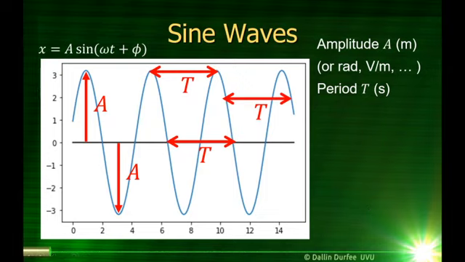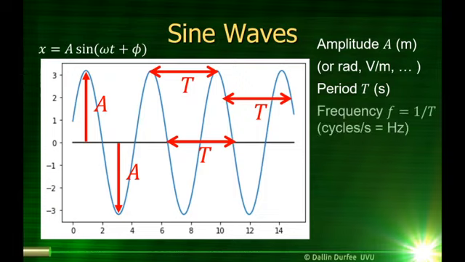A period is simply the time we have to wait before the sine wave repeats. So if I see where the mass is, how fast it's going, and in what direction, one period later, it will be in that position again, going at the same velocity in the same direction. Two periods later, it'll be at the same spot, going in the same direction with the same speed.